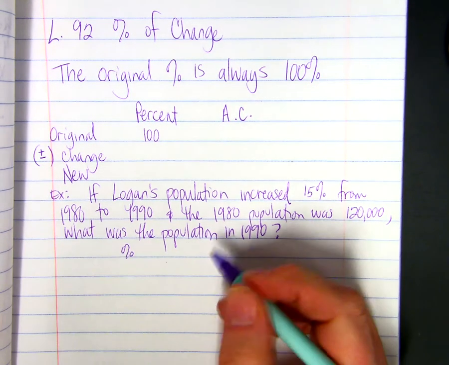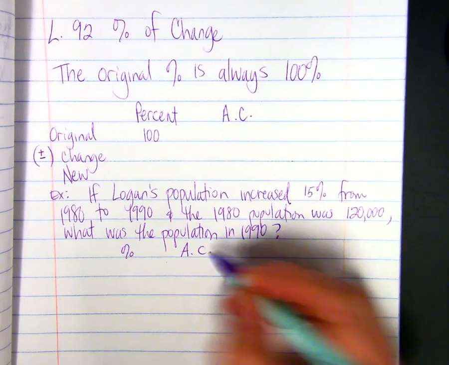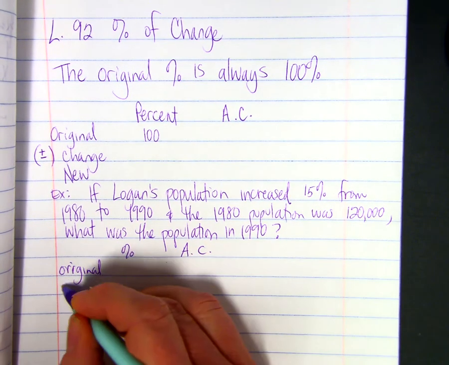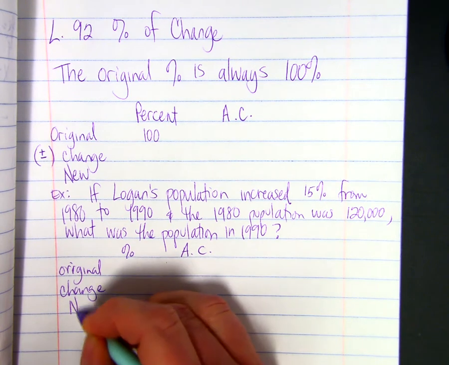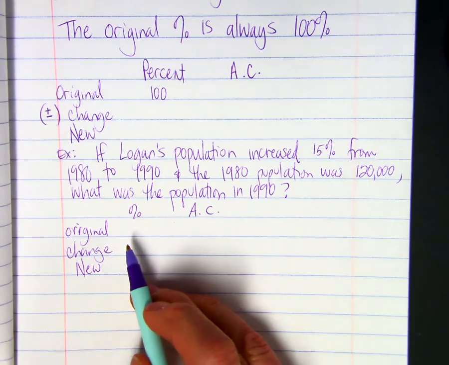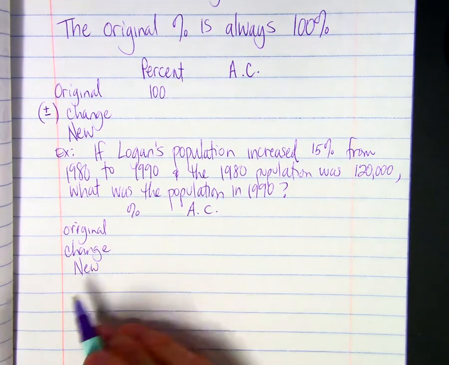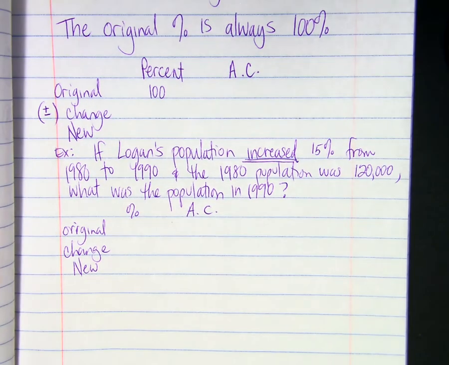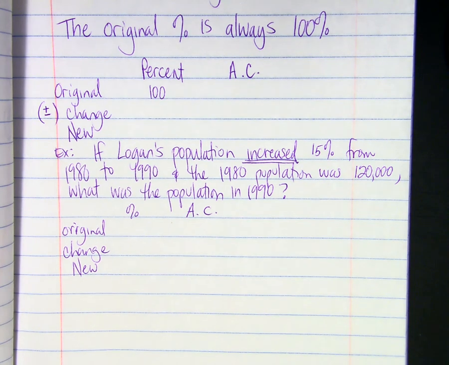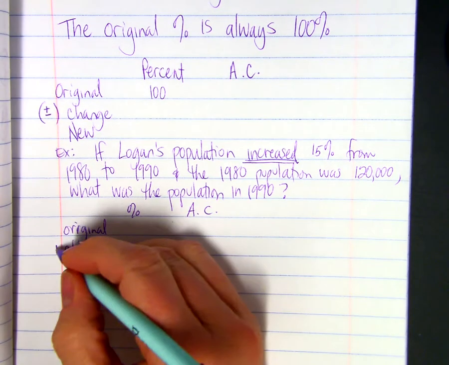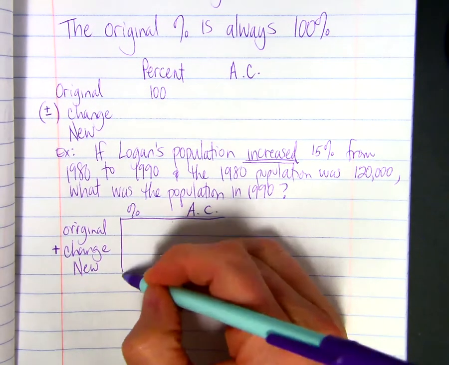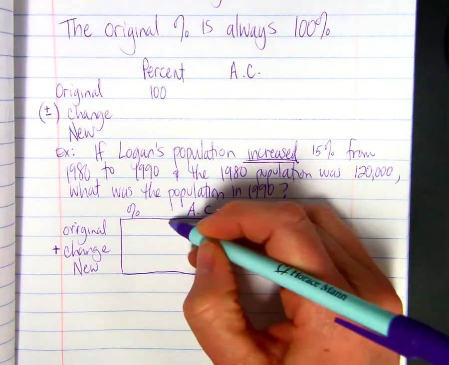So if we do our percent box, percent, actual count, original, change, and new, we have to decide if our change is adding or subtracting. This is the key word right here, increased. That means it's going up. So we're going to be adding our change. The original percent is always 100.